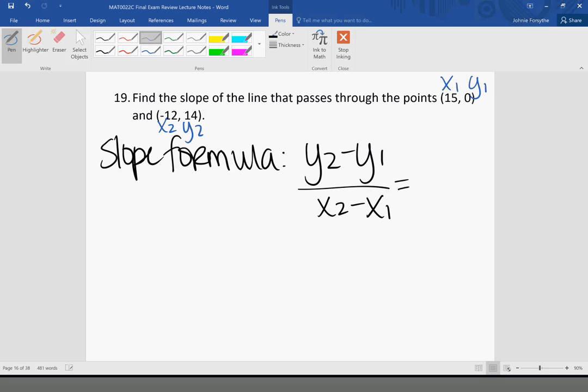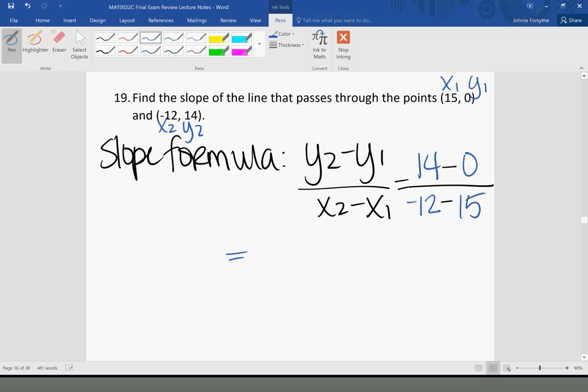Okay, so y2, I've got it labeled as 14, minus y1, I have labeled as 0, divided by x2, I have labeled as negative 12, minus x1, I have labeled as 15.